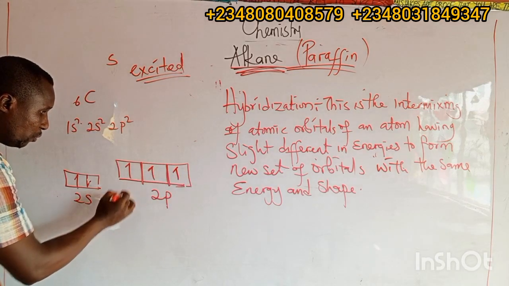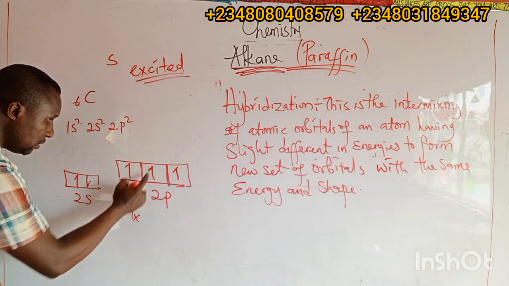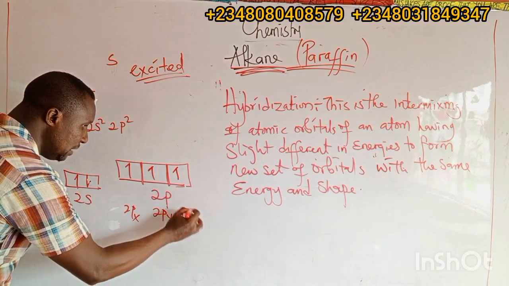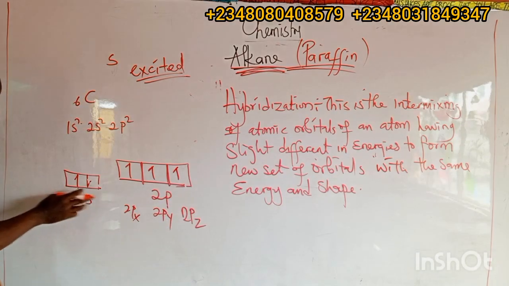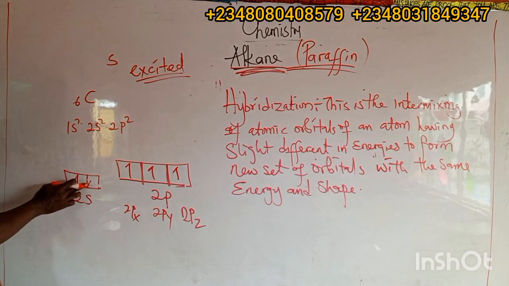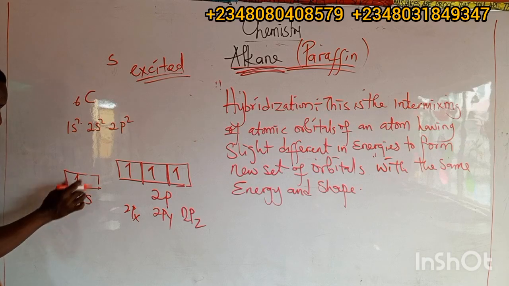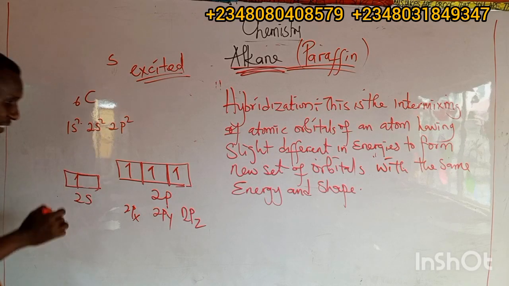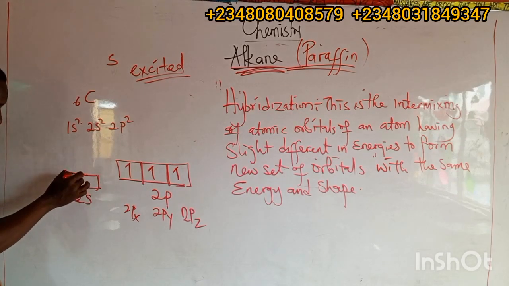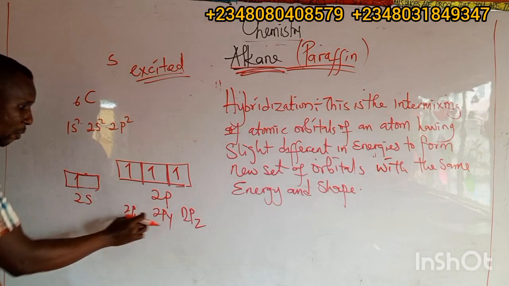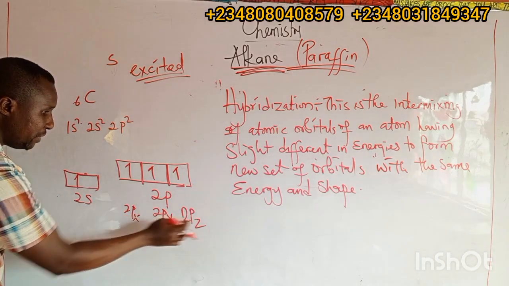This is 2px, this is 2py, this is 2pz. Then one electron from here will migrate to this point, in which one electron will be here.